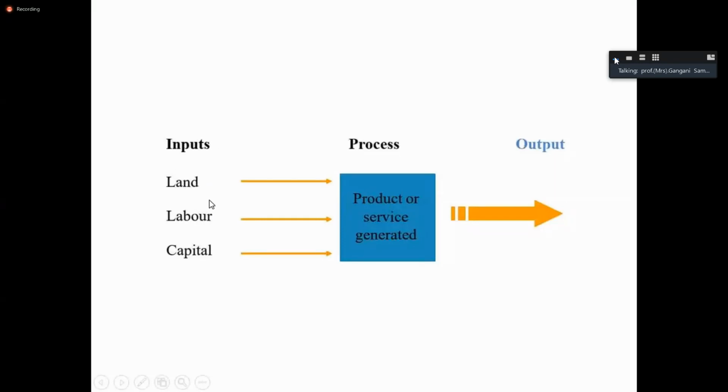So these all are inputs. Okay. So we use this process to produce output. Okay, for example, I told we can cultivate a paddy land. Land is there. We can put seeds as inputs. And we can take paddy production as the output.